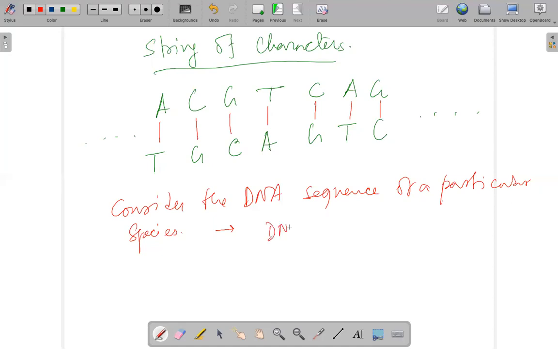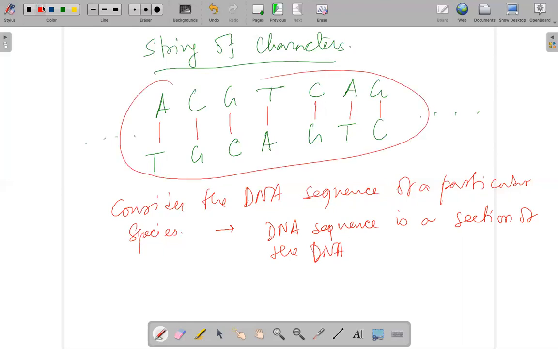A DNA sequence is a section of the DNA, like this one.